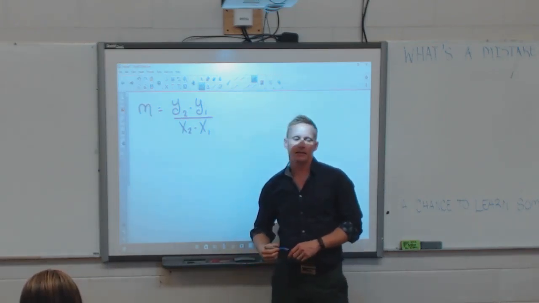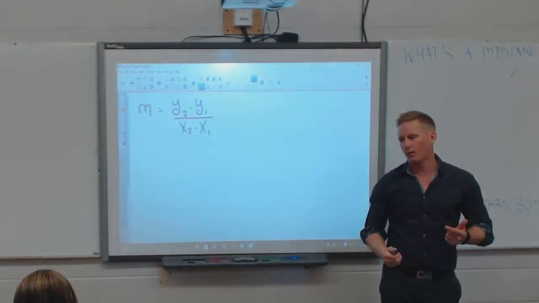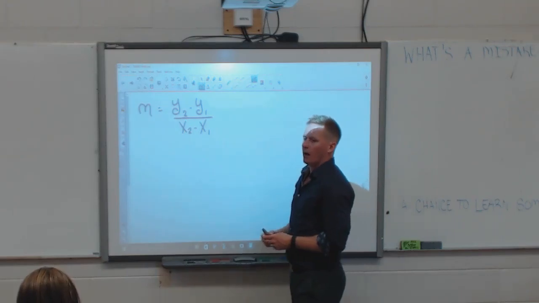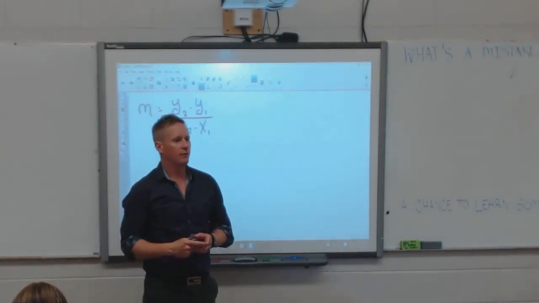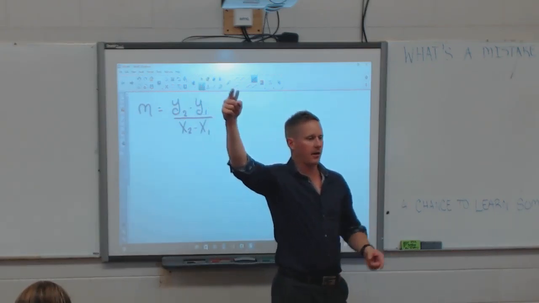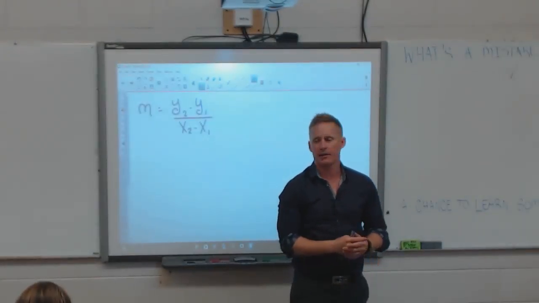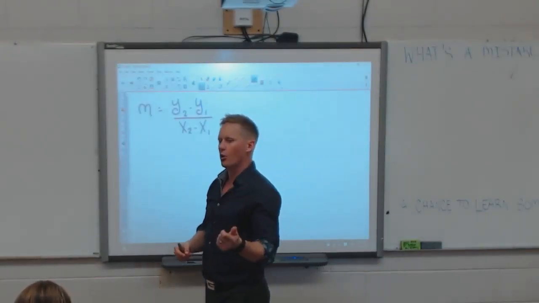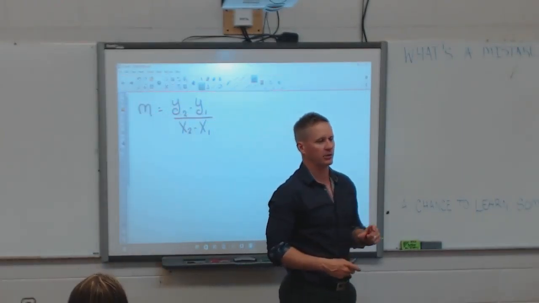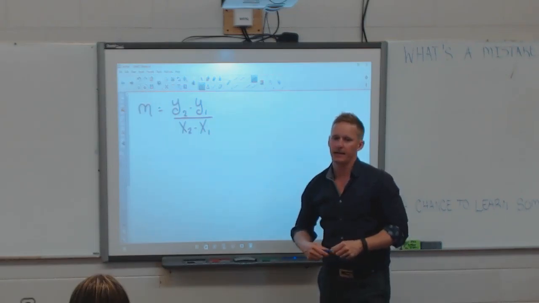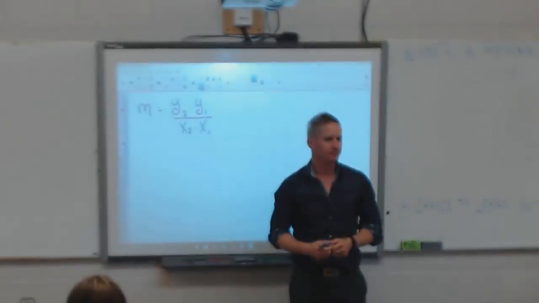And x2 and y2 and x1 and y1 are any two coordinates that are found on a line. So it doesn't matter if they're at the far end or if they're the next 2 points closest together. When you take the slope between them and you reduce the fraction, you're going to get the exact same value every single time.